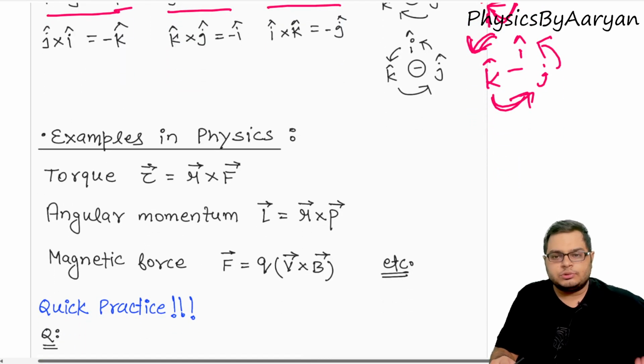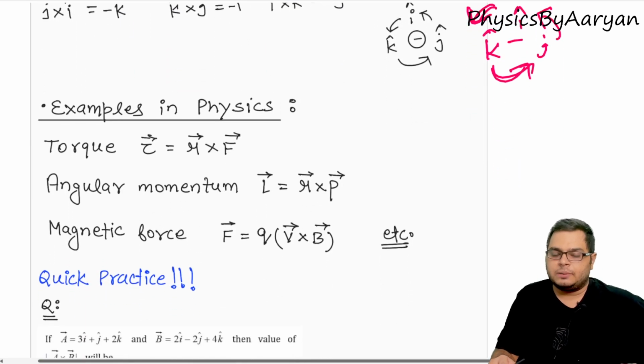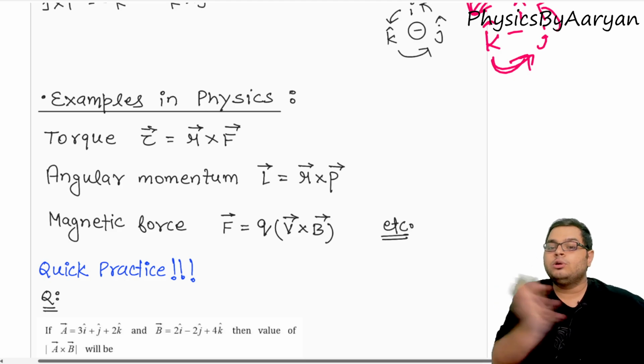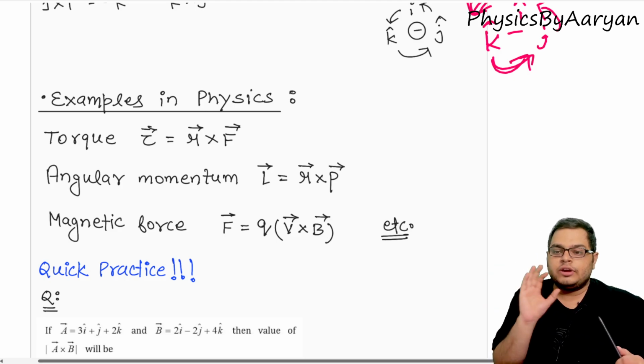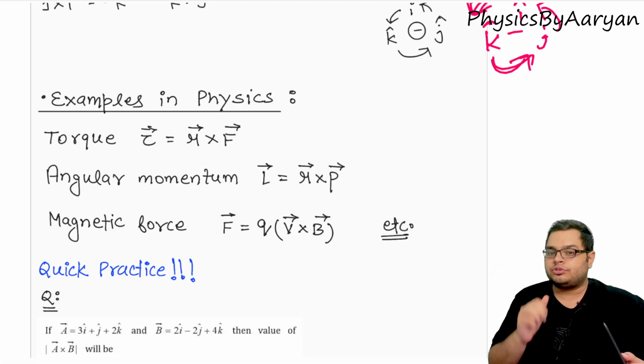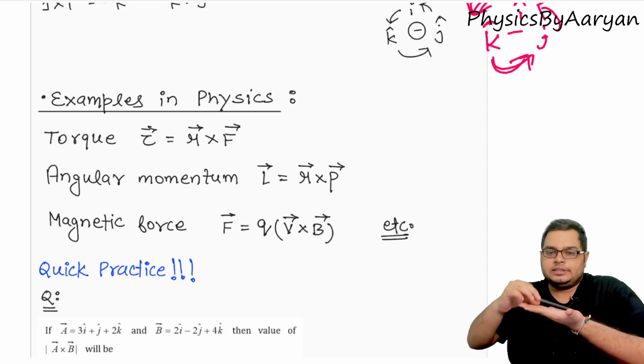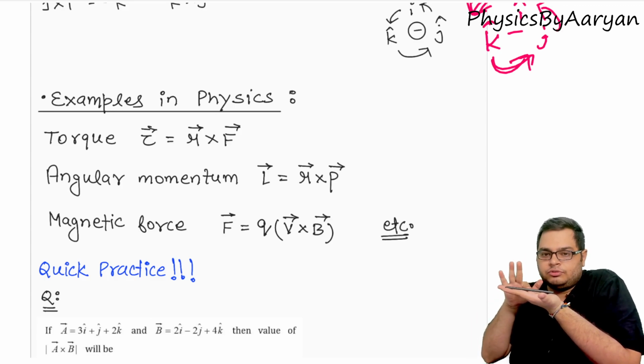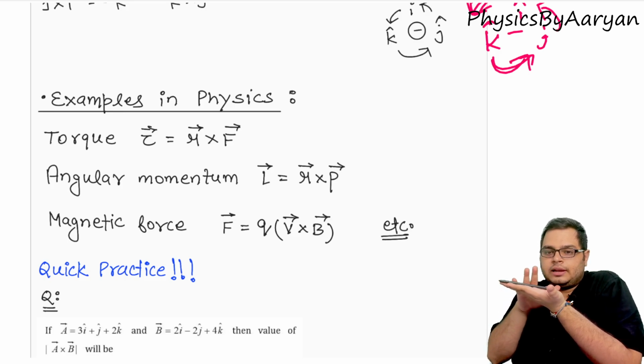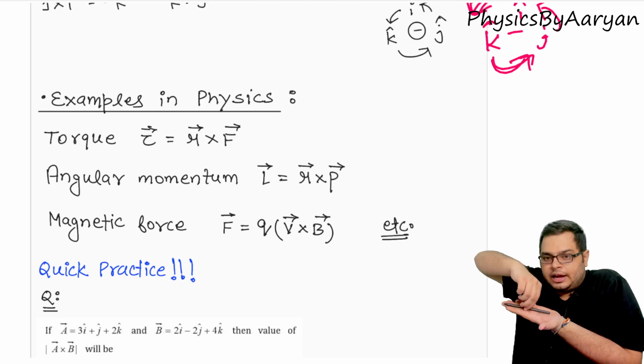In physics, we see the cross product many times. For example, torque is an angular force. Whenever you want to rotate something, you don't need force, you need torque, right? For example, let's say this is a pen, and if I basically move this pen like this, the pen is moving but not rotating. If I want to rotate this pen, I have to give a torque.